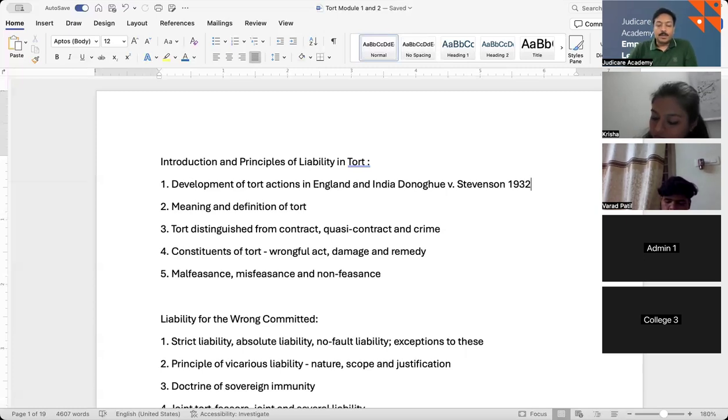Now, let's talk about the first case law, what we mentioned from the British background perspective, which is Donoghue versus Stevenson, 1932. So Mrs. Donoghue consumed a ginger beer, a ginger ale, containing a snail. So it had a snail inside, which caused her illness, of course.